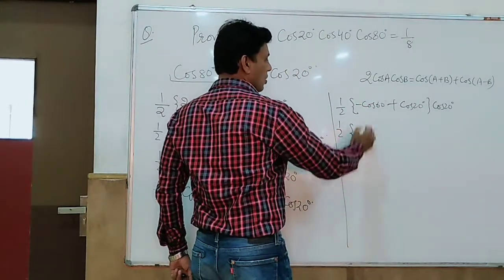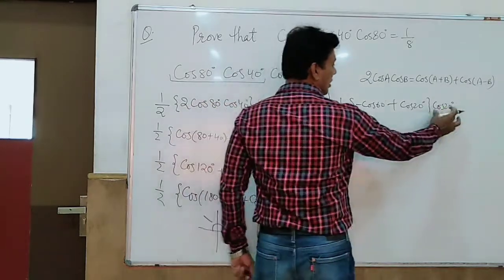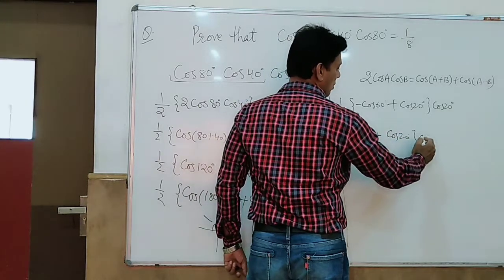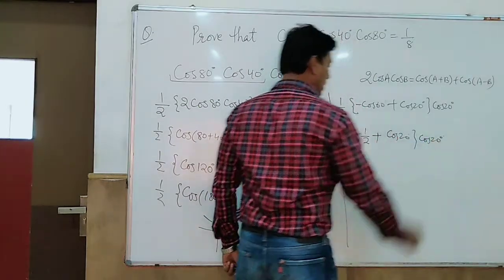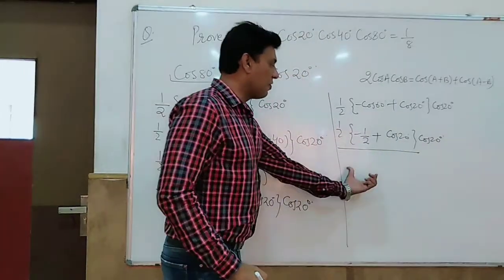Now cos 60 value is half, so minus 1 by 2, then cos 20, then cos 20. So now we will solve it further.